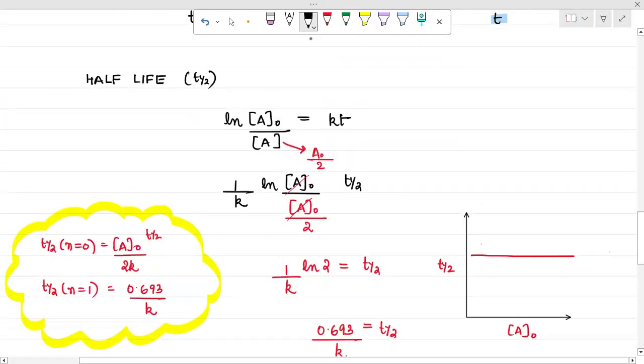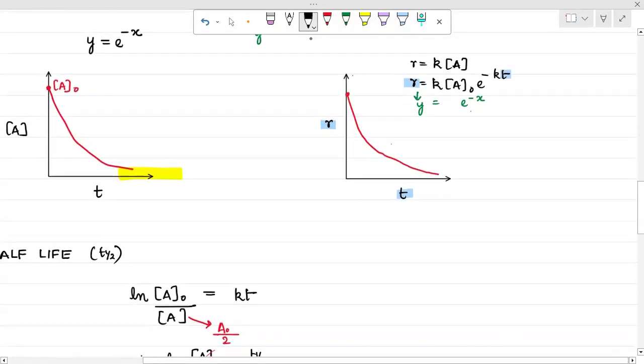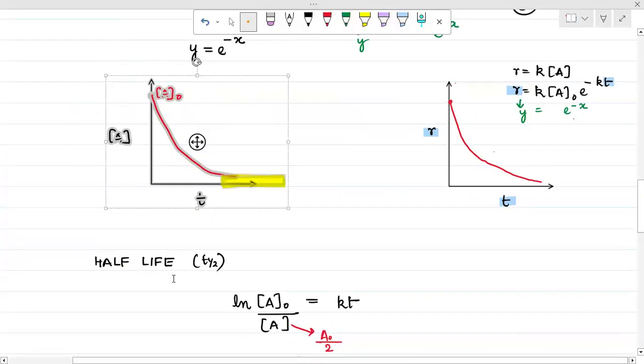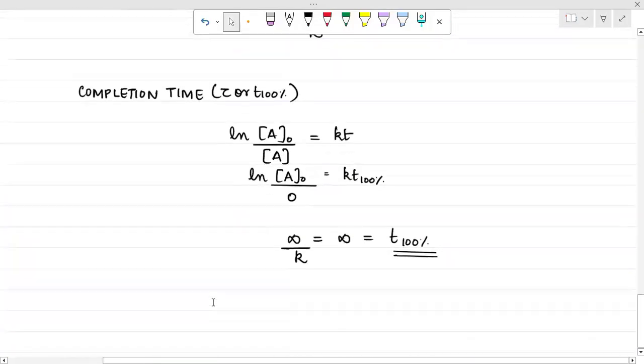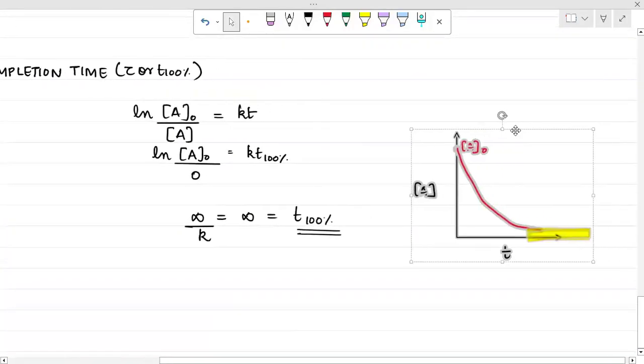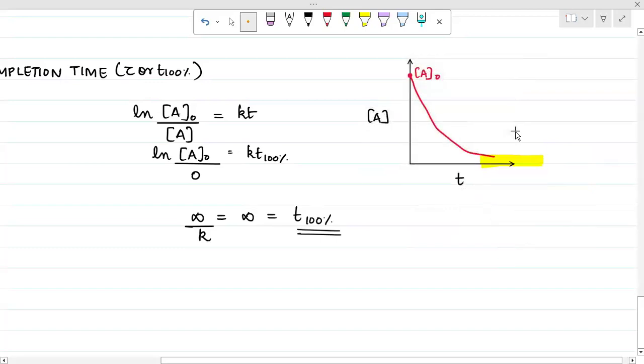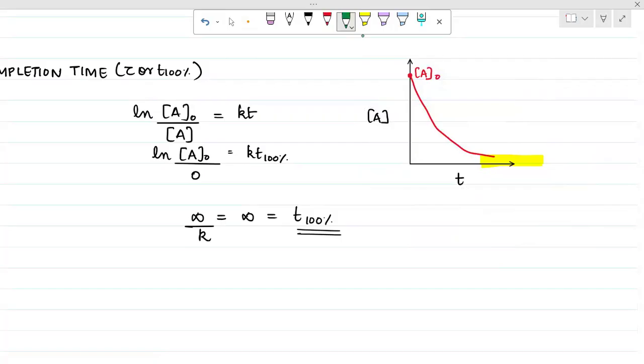That is why when we plotted a graph over here, A versus T, I'll paste it over here again. See, when we plotted A versus T, we said that there is an exponential decay and it will never touch the x-axis. What happens if it touches the x-axis?